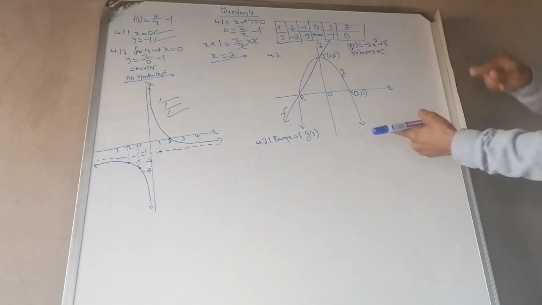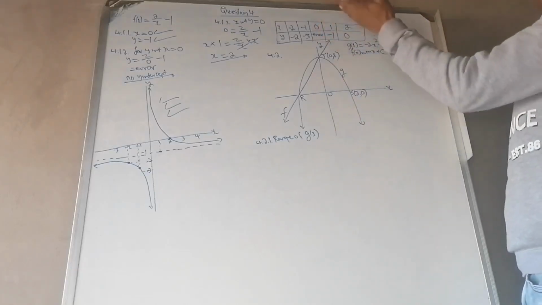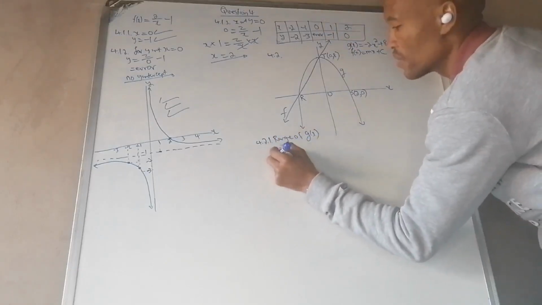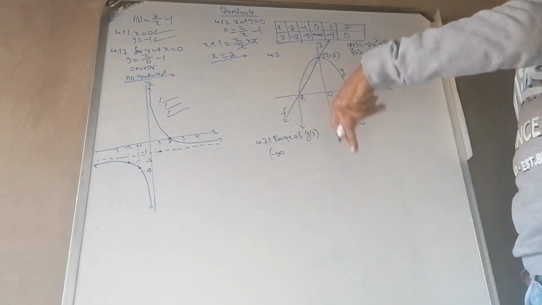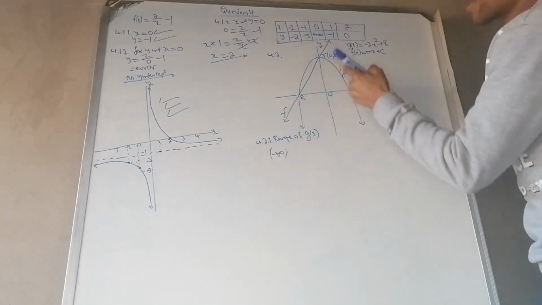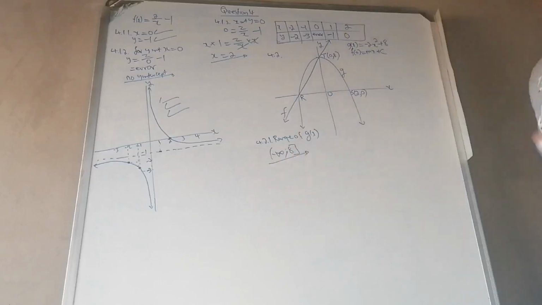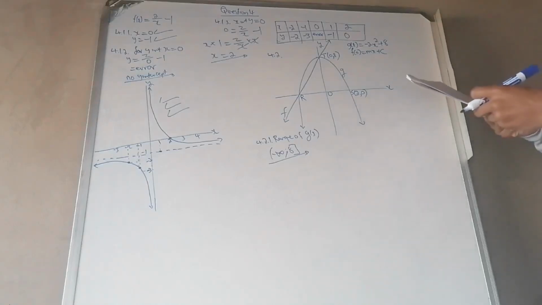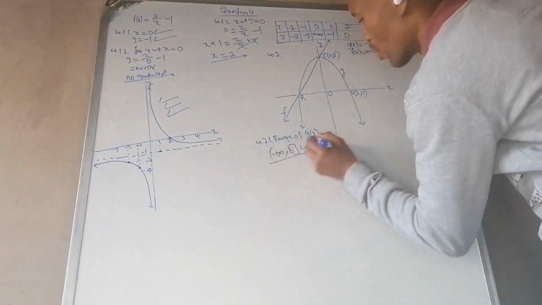I'm looking at the values of y, so negative infinity to 8. The 8 is very important, so I get the range: y is less than or equal to 8. 1 mark.